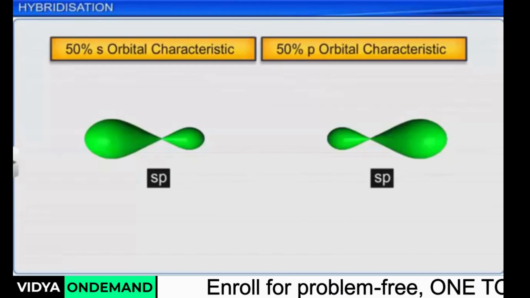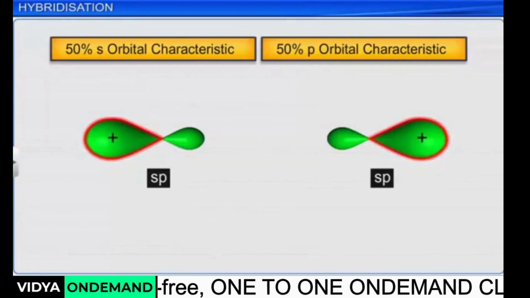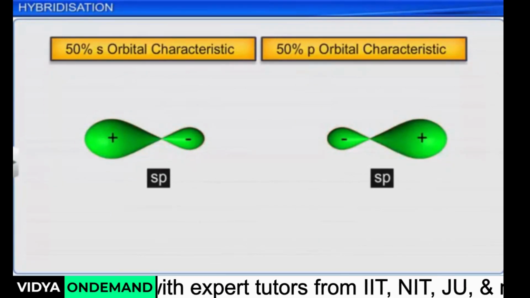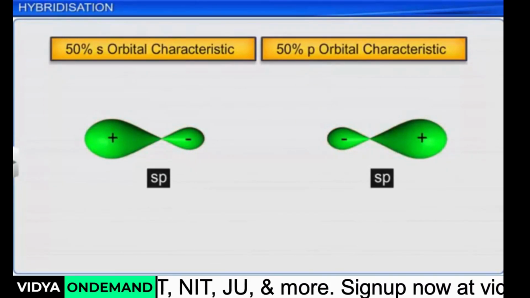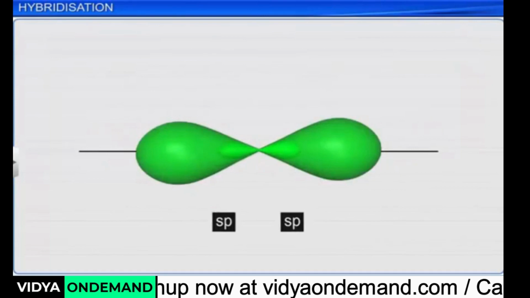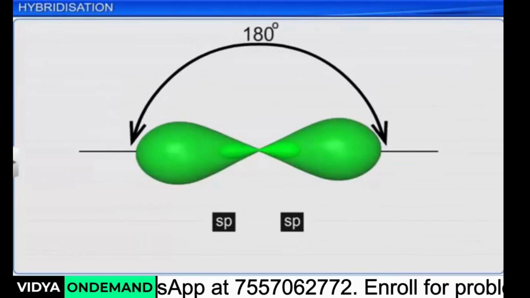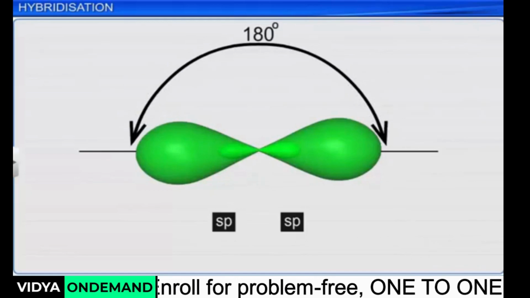The hybrid orbital has a large positive lobe and a very small negative lobe. The hybrid orbitals are oriented in opposite directions, forming an angle of 180 degrees with each other.